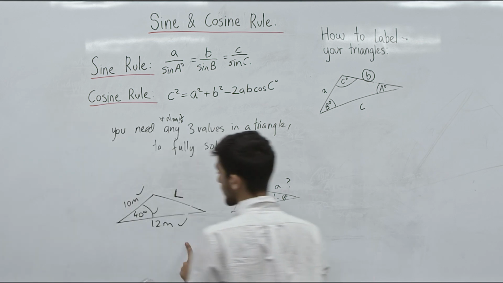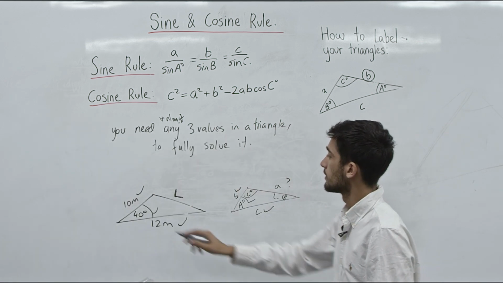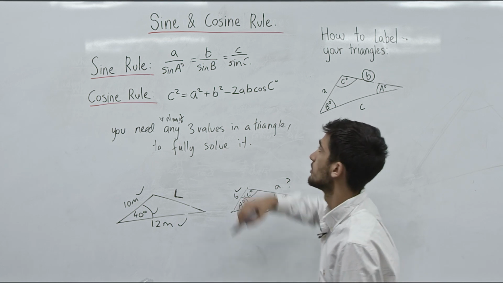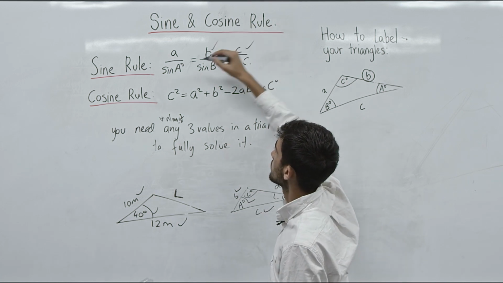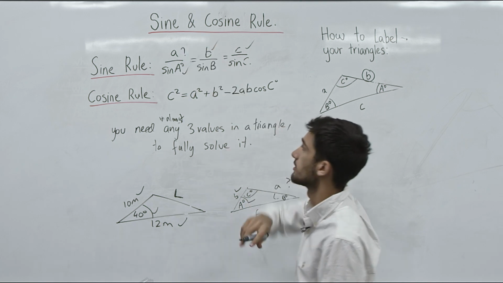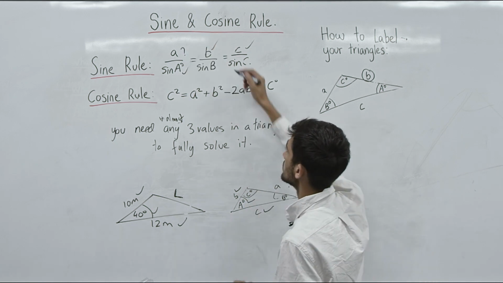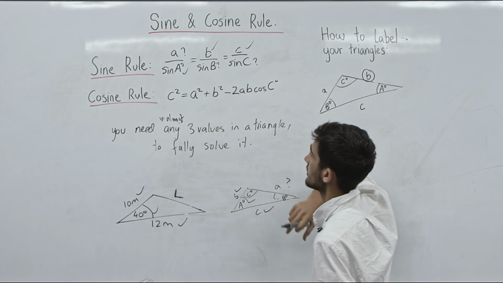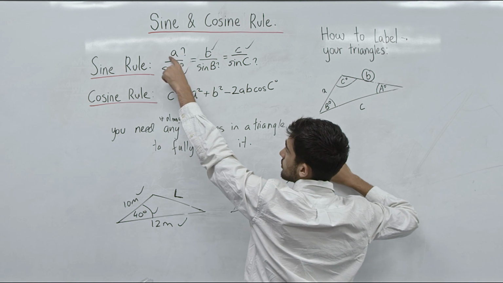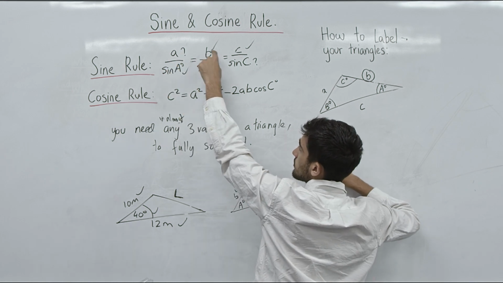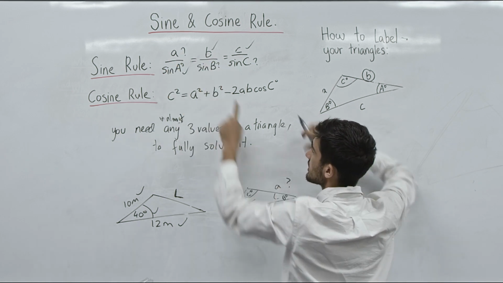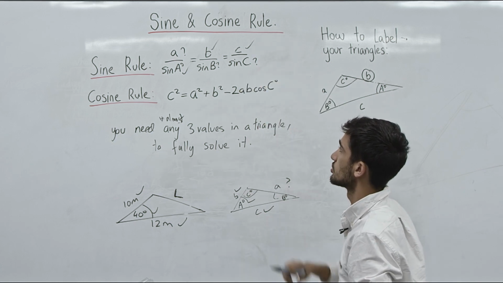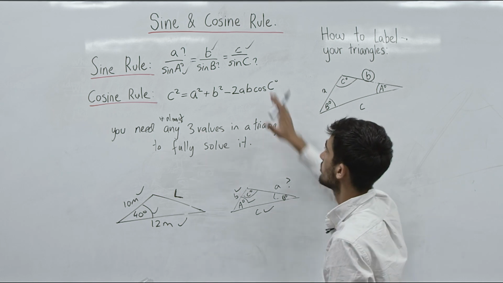So let's look at the sine rule and see why this isn't going to work. We know B, we know C, we know A degrees, and we're trying to find A. But if you look here, we don't know the angle B, and we don't know the angle C, so we don't have a complete equation here or here. We can't use the sine rule.